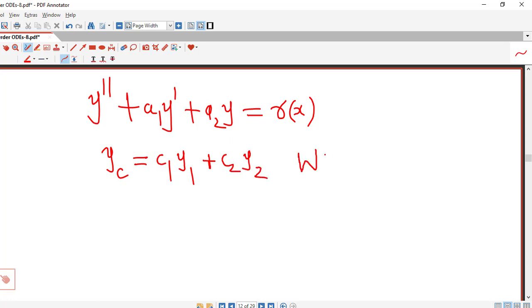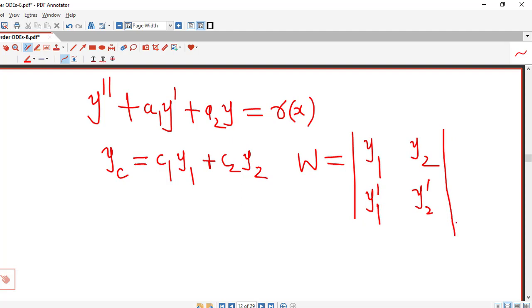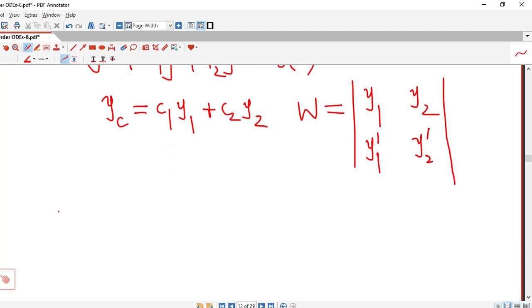So we will first find the Wronskian of y1 and y2: y1, y2, y1 dash, y2 dash. Now if we want to use this formula, we have to find w1 and w2.